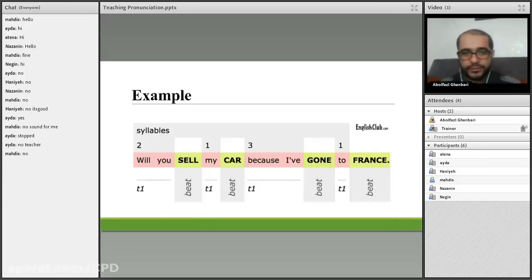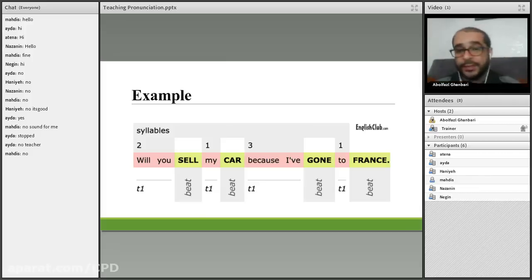Here is an example I want you to practice. We'll say, my car because we've gone to France. So car, gone, France are content words, and the rest of the words are function words, yeah? So we should make them short and weaker.